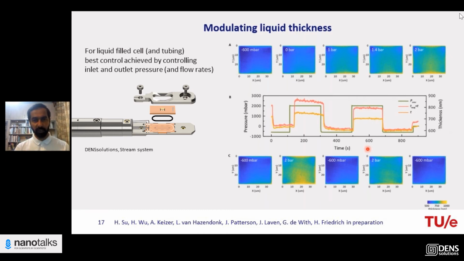Regarding the modulating of the liquid thickness, we have used pressure pumps on the inlet and outlet of our holder. By playing with the pressure, assigning the pressure of the outlet, we could actually change the thickness of the liquid and monitor that. The increase and decrease is a continuous, reversible process.